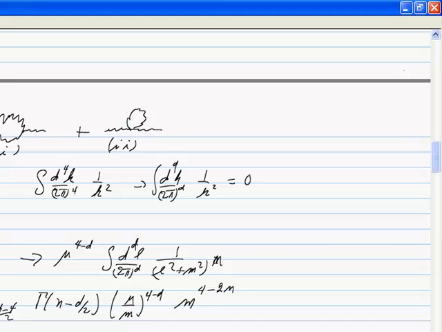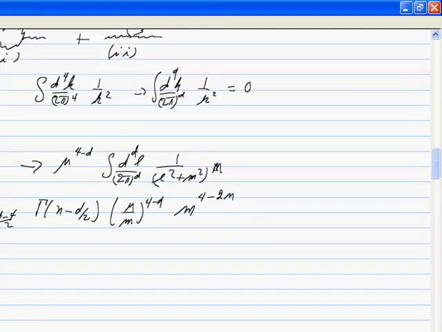So if n is 2, this comes out L squared over L to the 4th, so it should be dimensionless. So there's no factor of m in that case.